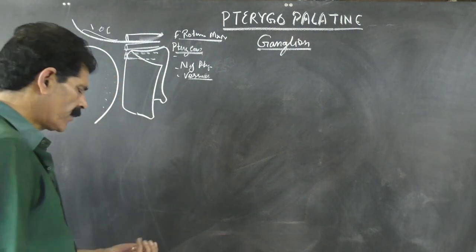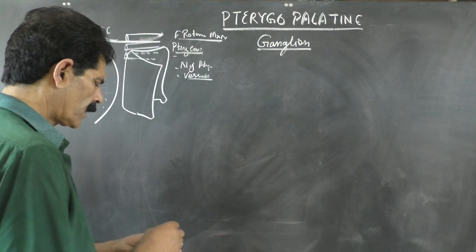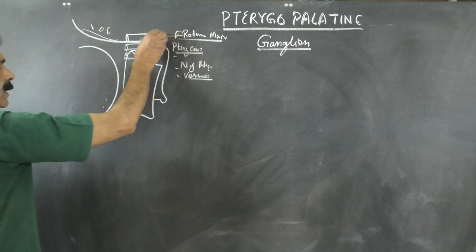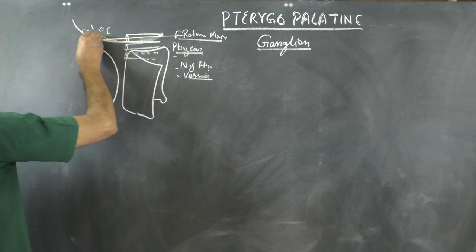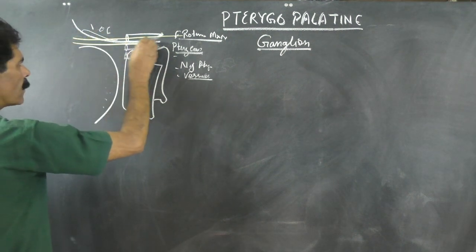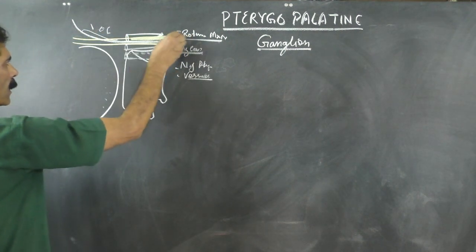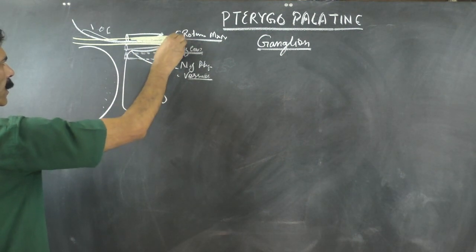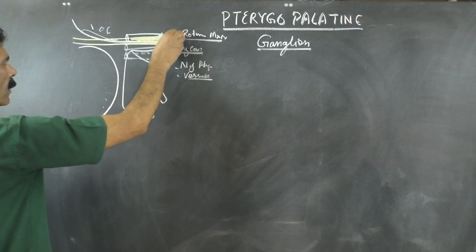As we know, this is a peripheral parasympathetic ganglion, and it is hanging from the maxillary nerve, which is passing after taking origin from the trigeminal ganglion.